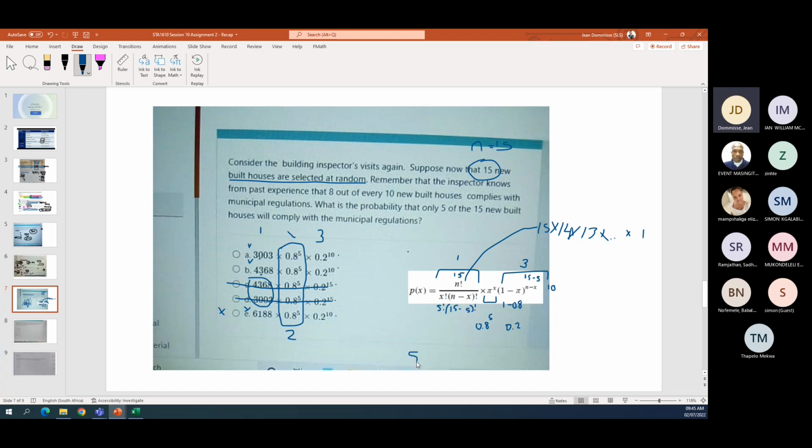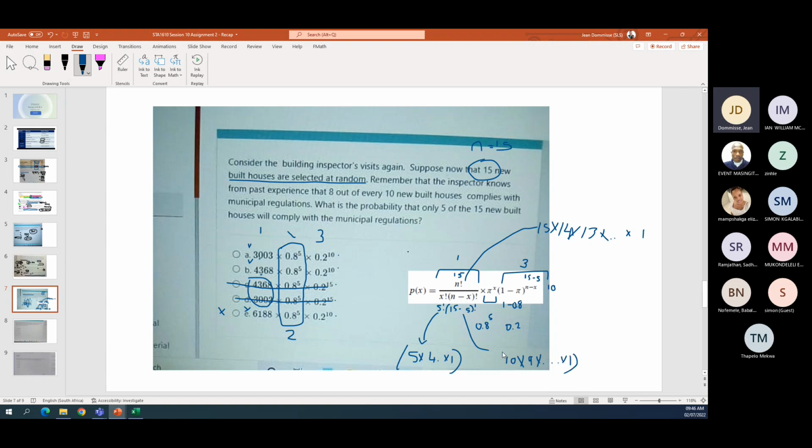At the bottom, you would do the same with 5 up until times 1, and this one would be 15 minus 5, which is 10, and up until 1.